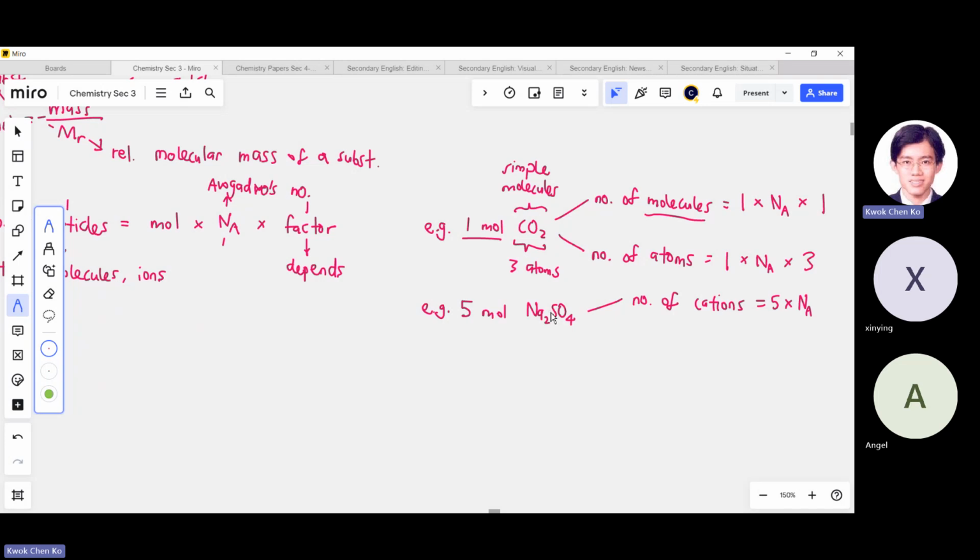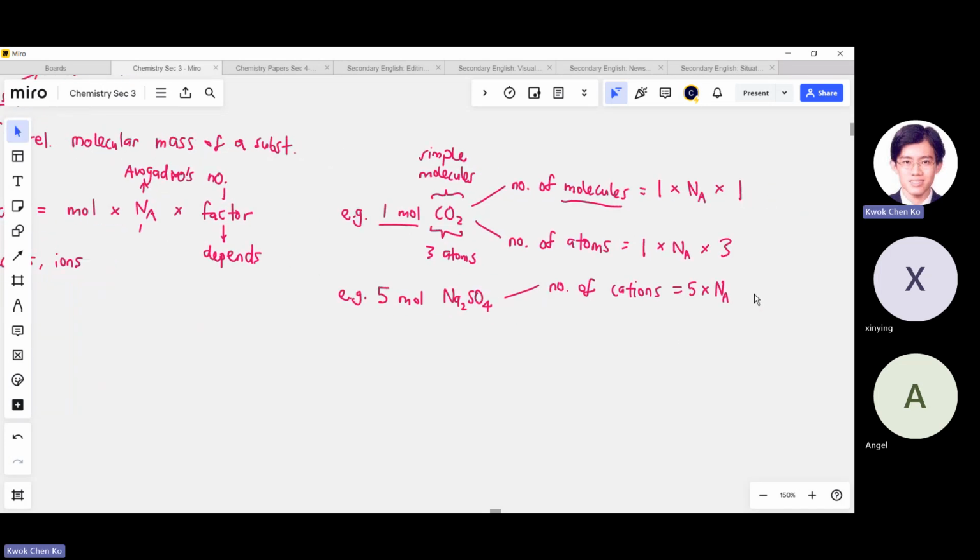Avogadro's is still the same constant. But what is my factor here? Ethan. Look at this again. 1 unit of this has how many cations? Richard? Okay, good. So it's 2 cations, therefore my factor is 2.